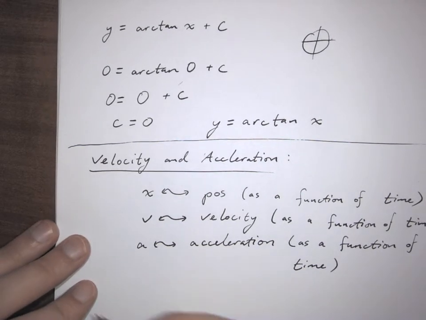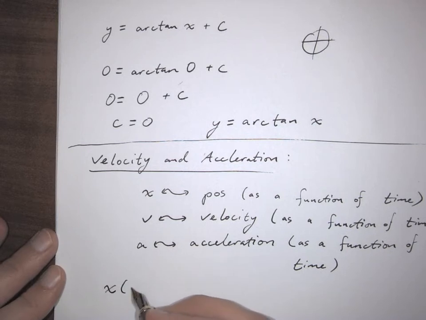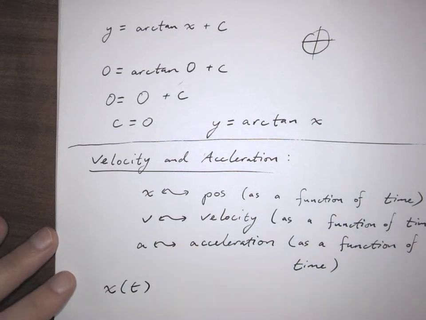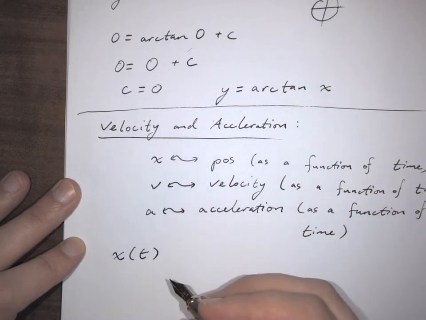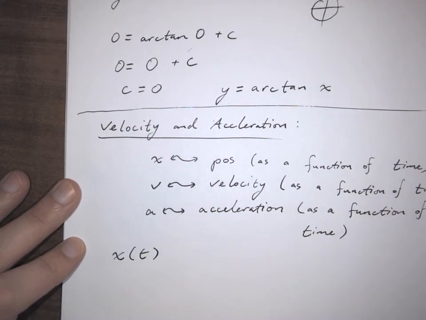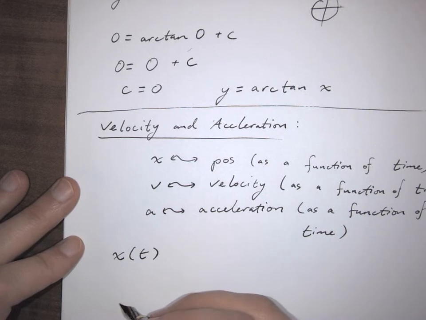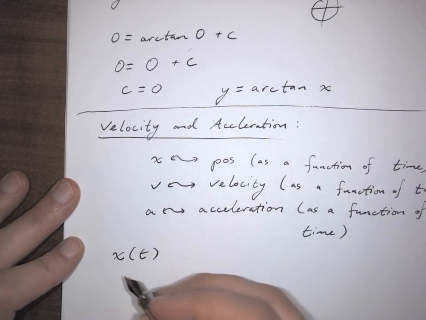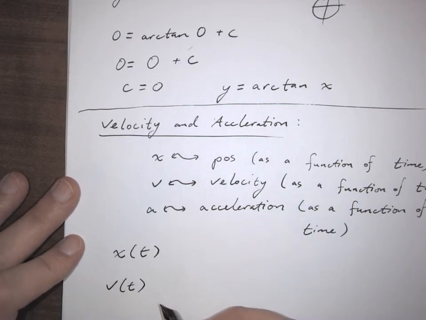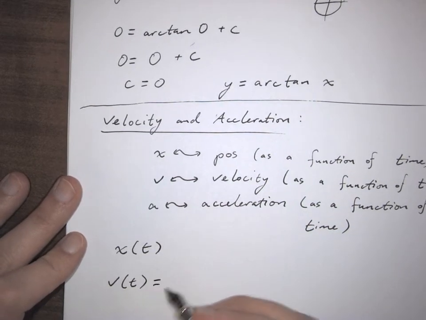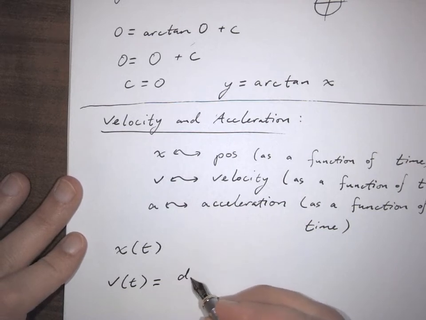All right, well, then if x of t is going to be our most basic formula here, then let's think about what it will be as we go down the differential ladder. So from x of t, we take the derivative and we would get v of t. Velocity is the rate of change of the position, so that means that v of t is going to be dx dt.